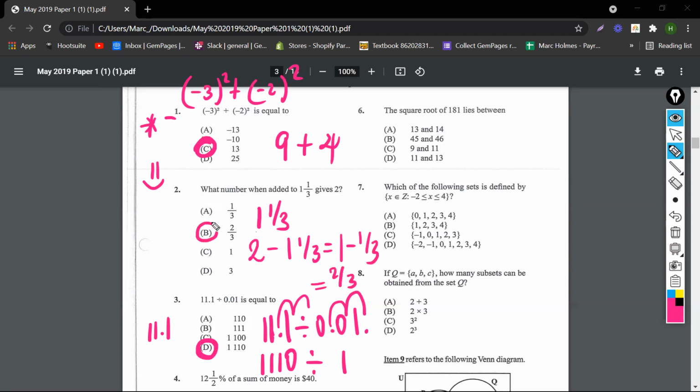So it's definitely 2/3. The only number that gives me 2 when added to 1 and 1/3 is 2/3. That's the number.